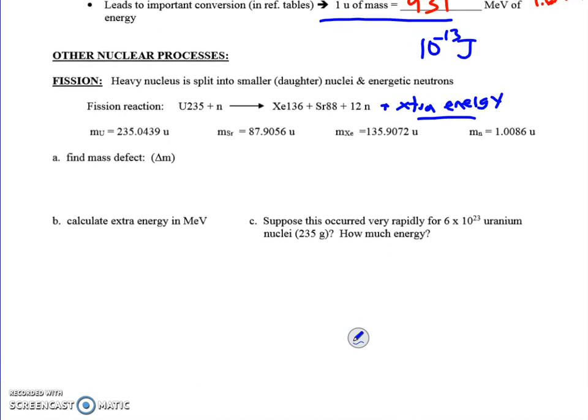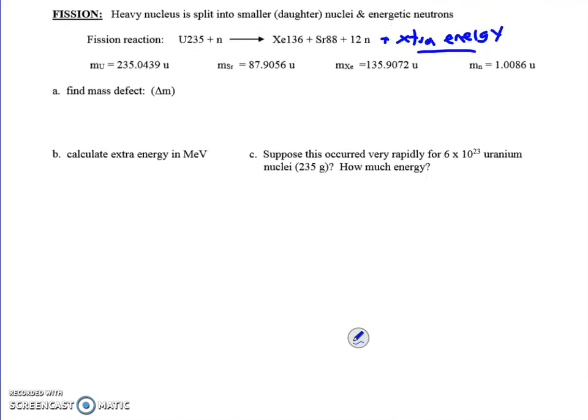Okay, so we're going to look at the masses in terms of AMUs. What I'm talking about with this mass defect is the mass of the U-235 plus the mass of the neutron, that's what I started with, minus the mass of all the products. So that's what delta M means. All right, so let me do that in the space below here because I've run out of space there.